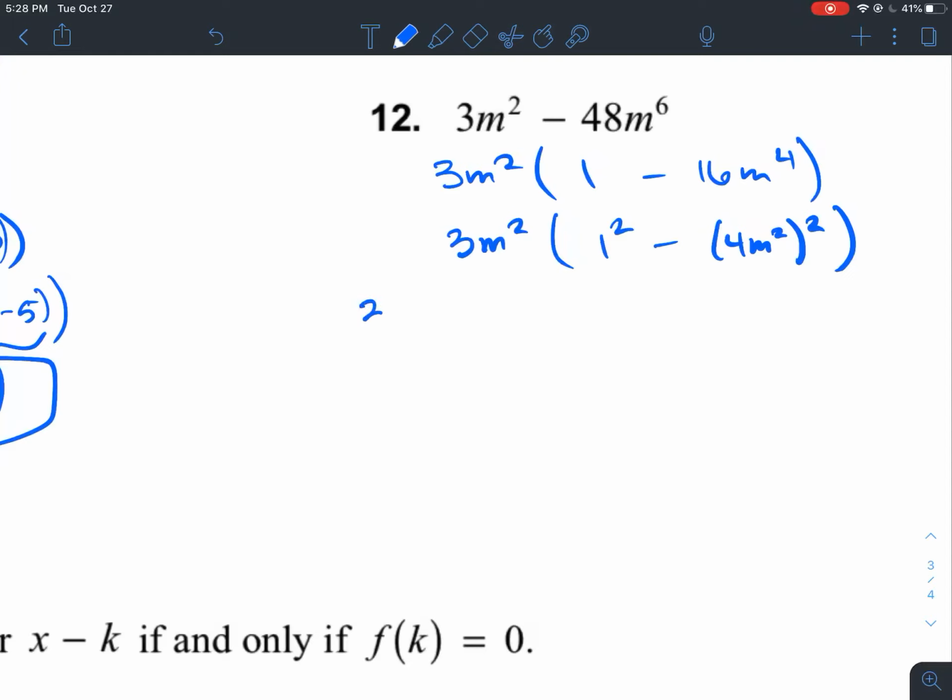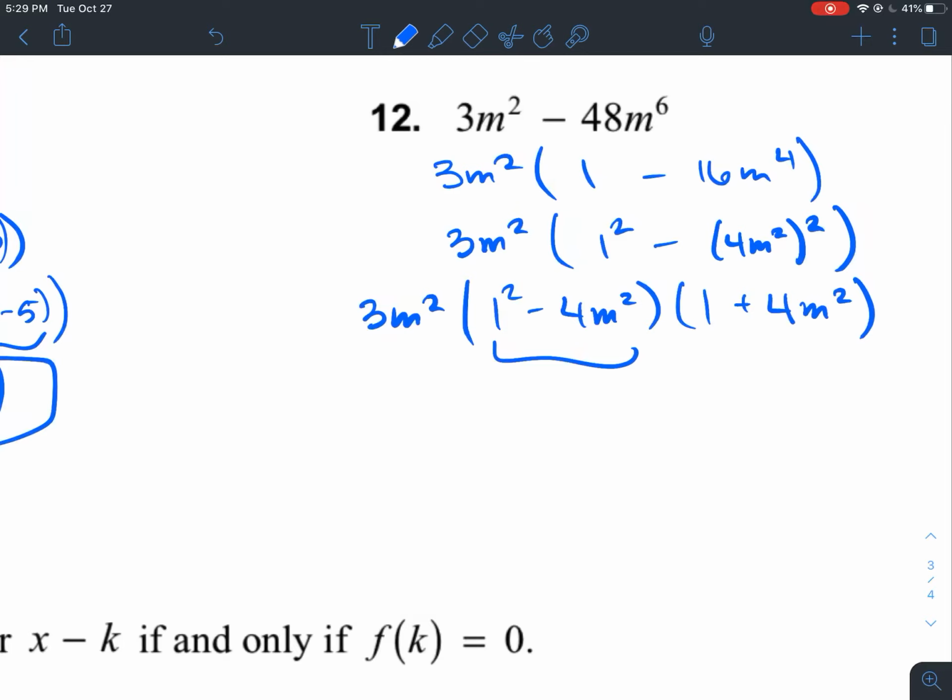So now I have 3m squared, but I can rewrite what's inside as 1 minus 4m squared, and then 1 plus 4m squared. And then again, I can break this one down, because this is the same thing as 1 squared, so now I have another difference of squares.